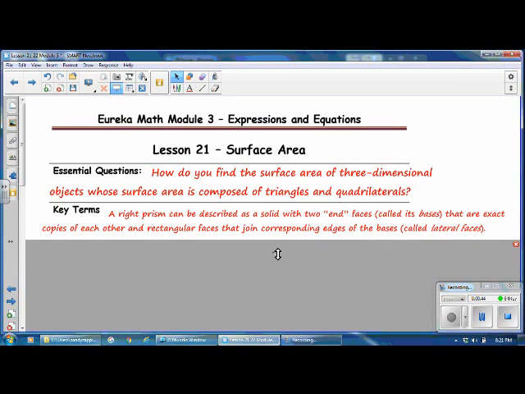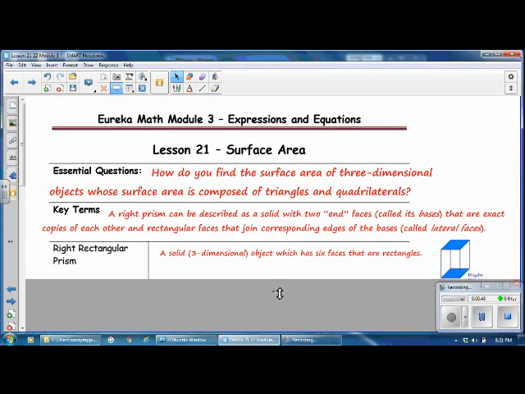A right prism can be described as a solid. So let's take a look at a right prism. The solid is three-dimensional. It has two end faces, and these are called the bases. In this figure, it is the blue top and bottom that are the bases.